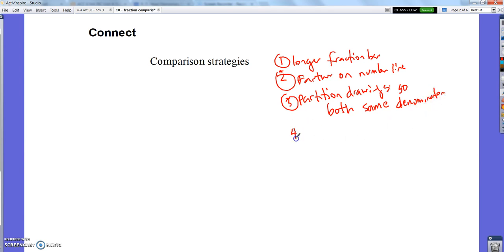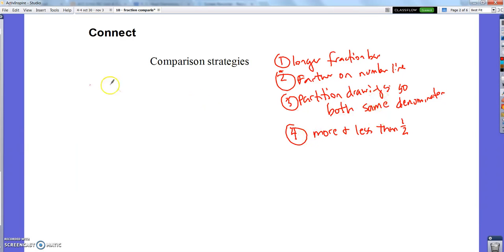We did one where more and less than 1/2 was another strategy. And let's see, what else did we do? So I think that's it.